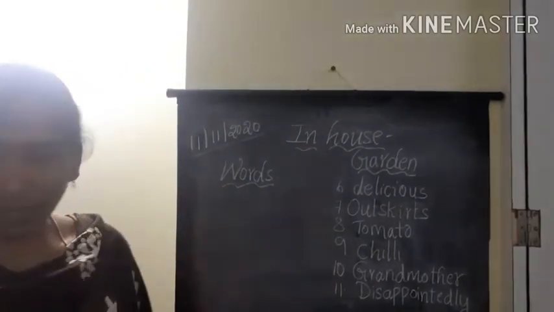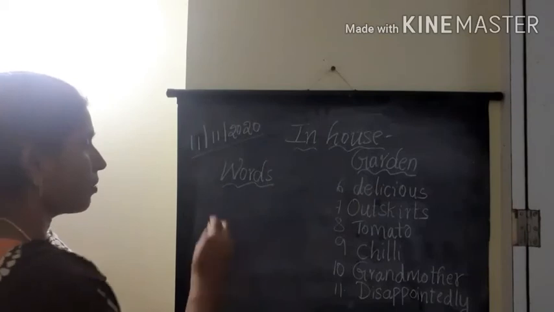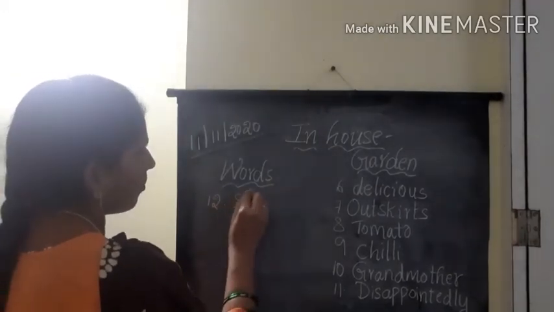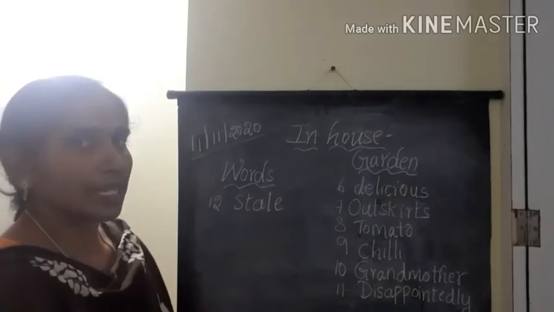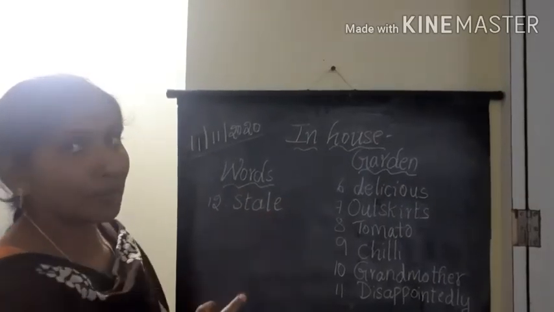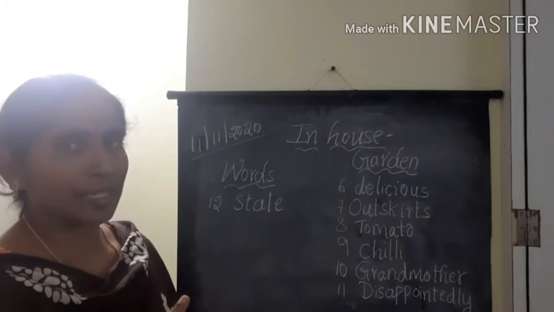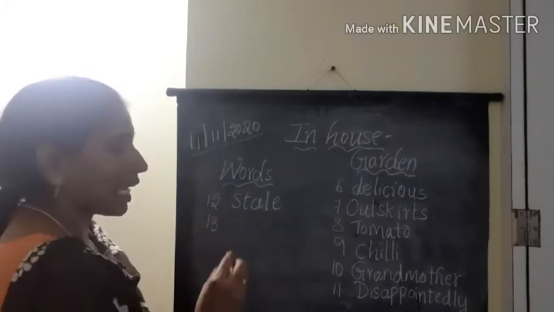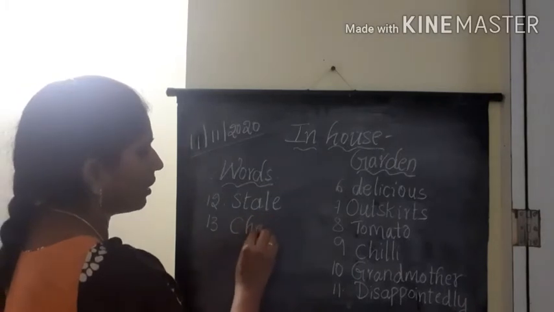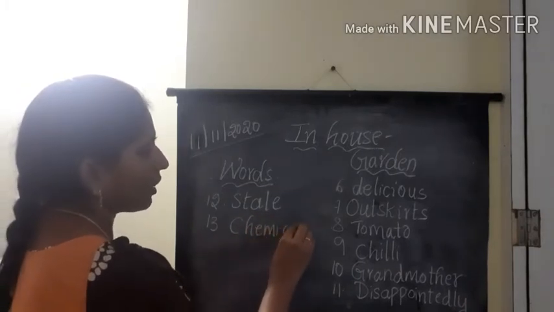The vegetables are stale. Stale means bad smell. Which vegetables give this smell? Yes, the vegetables in the market give a stale smell, means bad smell. And also it smells of chemicals.